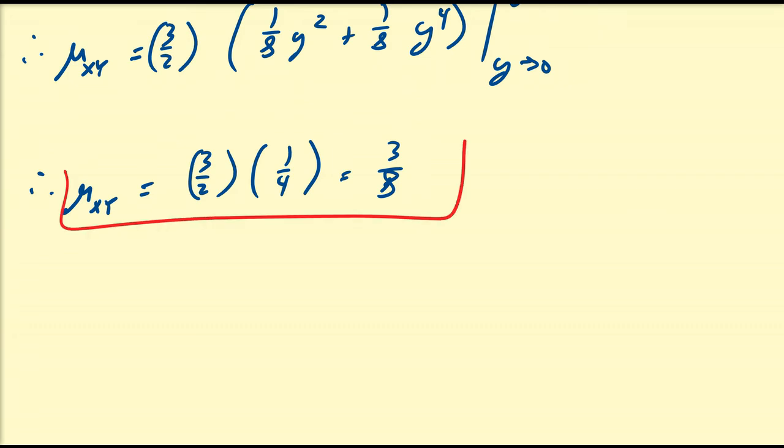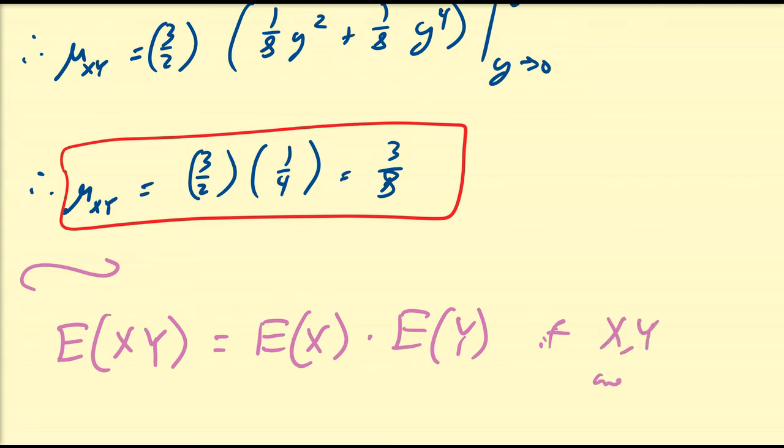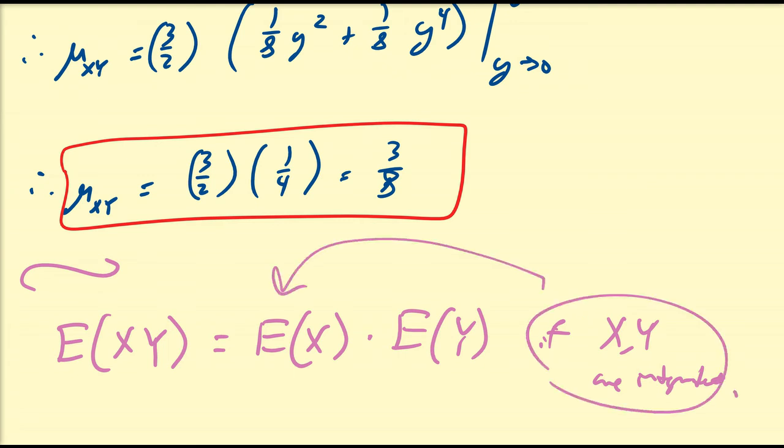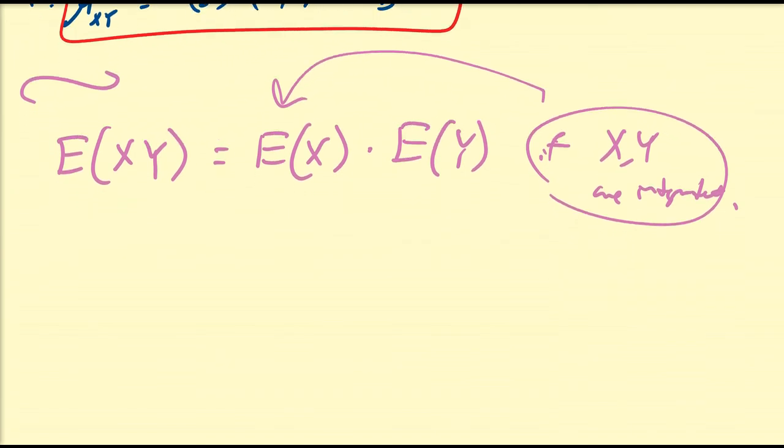All right, so one may ask, what is so special about this number? You may remember the following property, that E[XY] is equal to E[X] times E[Y] if X and Y are independent. So if x and y are independent, then this is true. So this is one way to test and see if they are not independent. And I'll explain what that means in case you're not familiar with the logic.